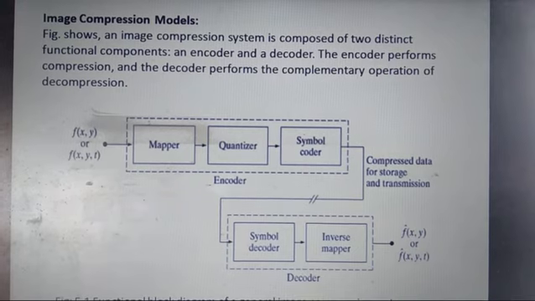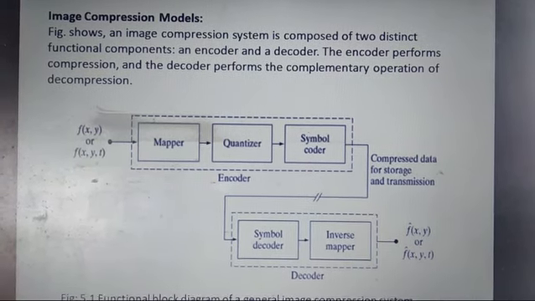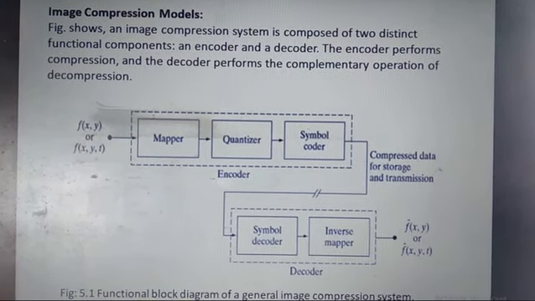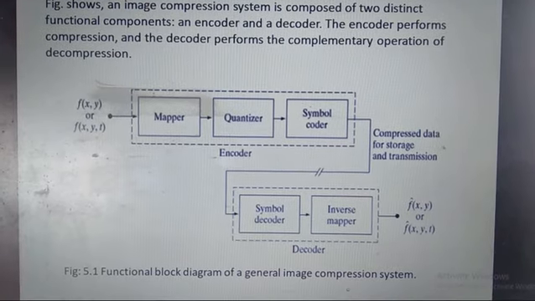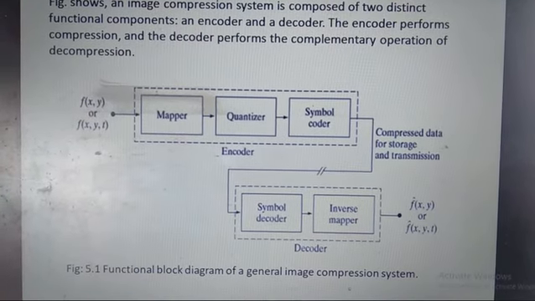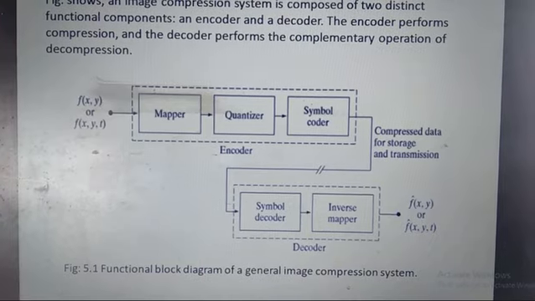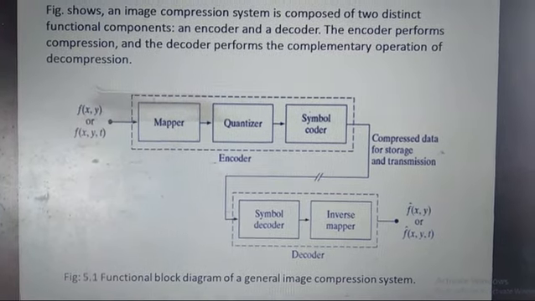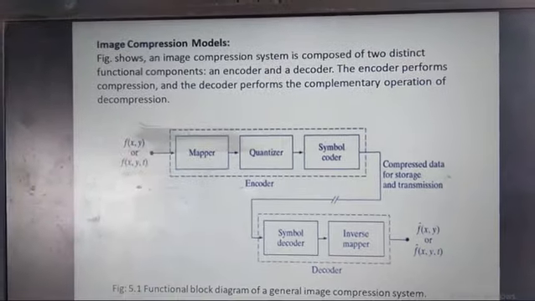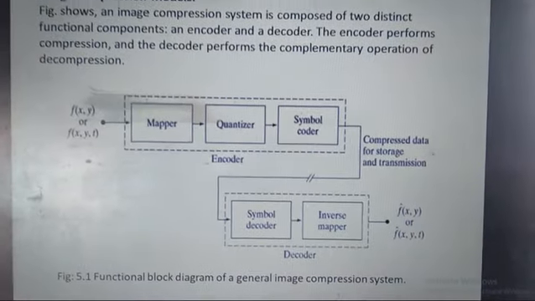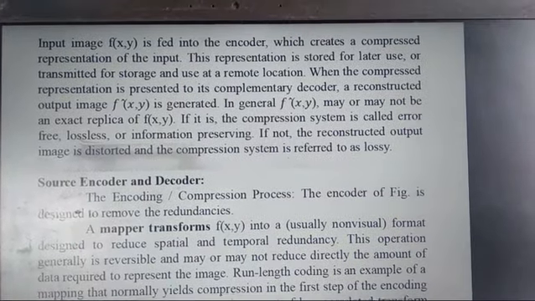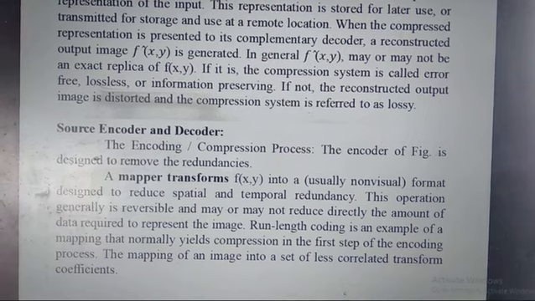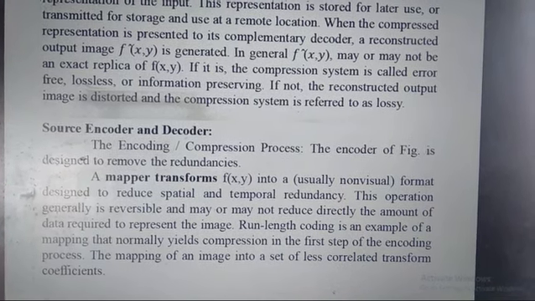At the receiver side, a symbol decoder is used to recover the data and an inverse mapper is used. At the end of the image compression system, the output image f dash of x y is obtained. Here we are going to see the source encoder and decoder in detail.